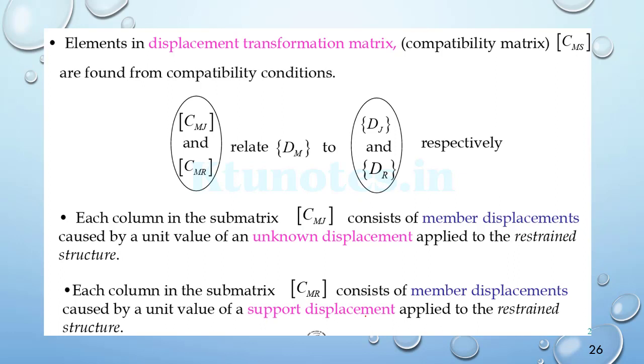So there is a difference between CMJ and CMR. CMJ is the member displacement caused by the unit value of unknown displacement applied in the restraint structure, and CMR is the member displacement caused by the unit value of the support displacement.